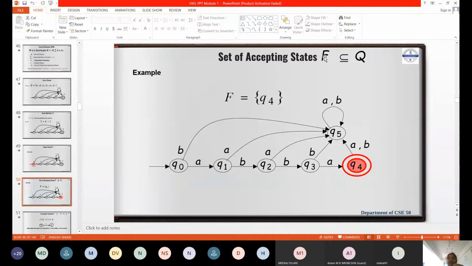So set of accepting states will be given with F. Even your set of accepting states, not only Q4, if you have so many accepting states, all belong to the finite states only, na? What is Q? Finite states. Even Q4 belongs to finite states.